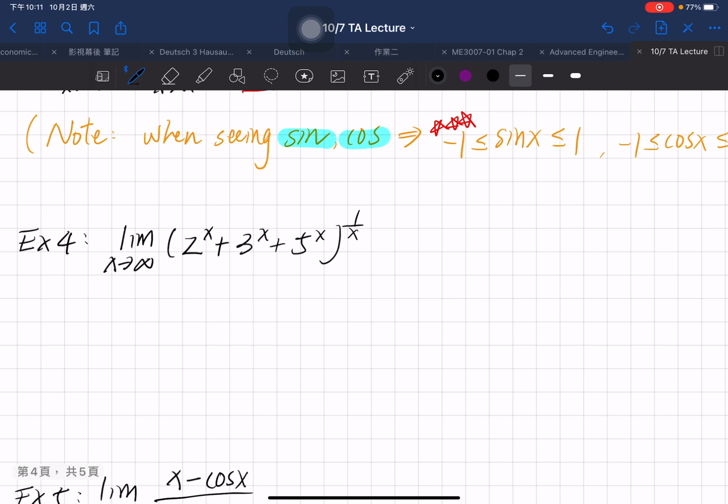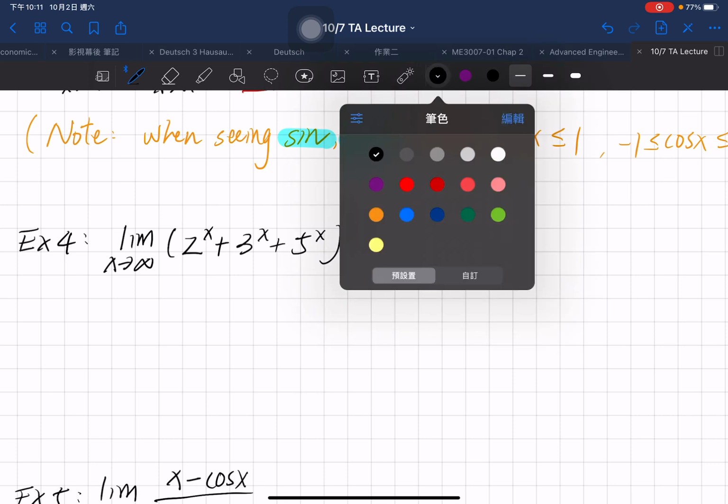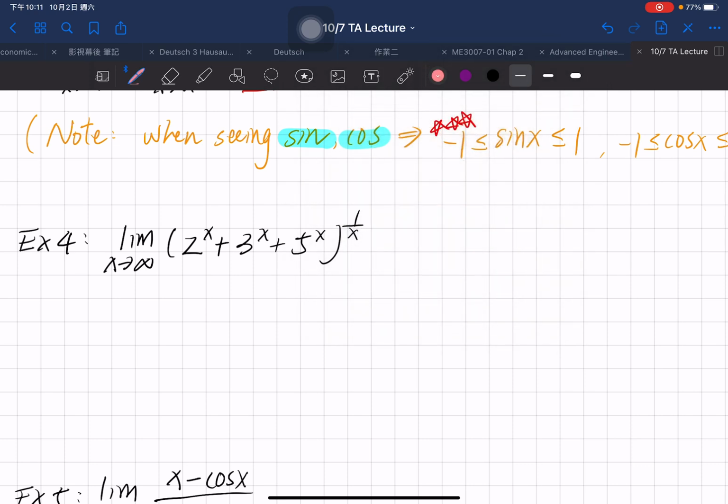So what we know is that if we take these 2 terms out, it will definitely be smaller than this term, because we are in the positive power. Okay, so notice that this is the positive power.